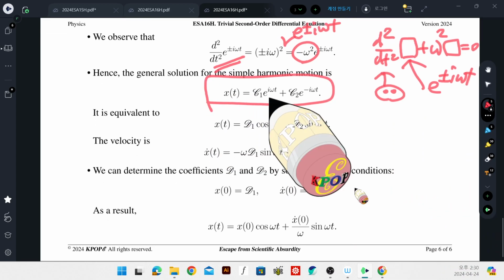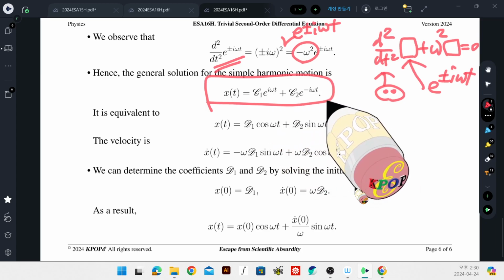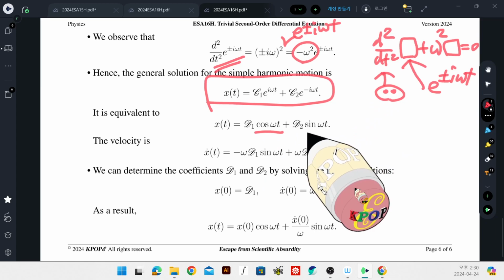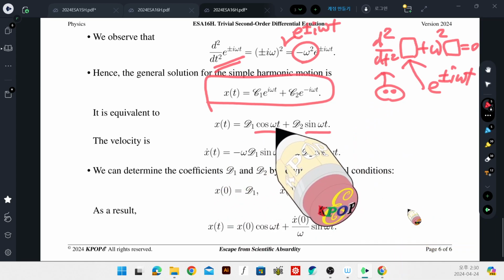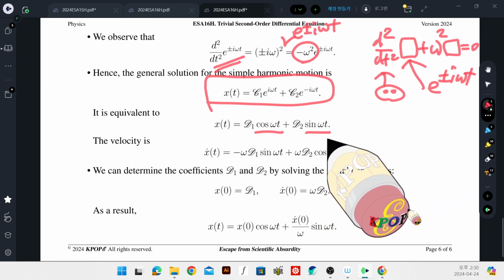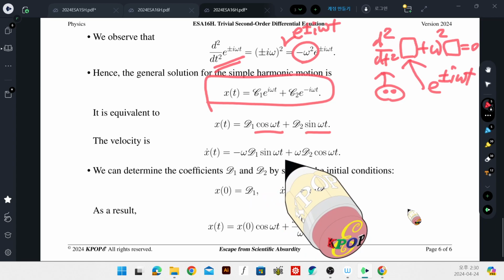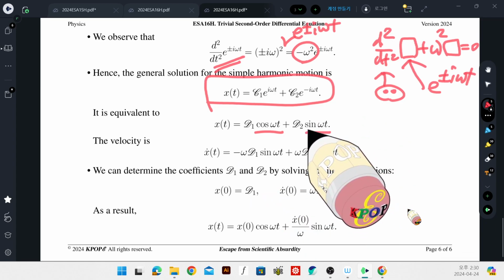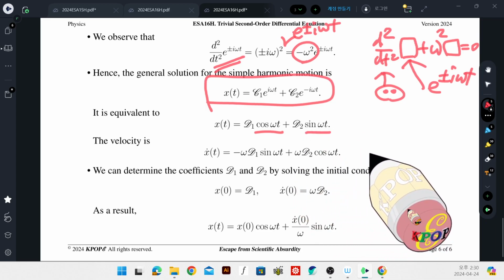In addition, both exponential i omega t and minus i omega t can be expressed in terms of sinusoidal functions. If I take the derivative, cosine becomes minus omega sine omega t by applying the chain rule, and the time derivative of sine omega t is omega cosine omega t.